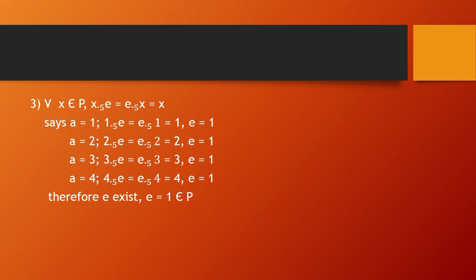Well, if we do A equal to 2, 2 multiplication modulo 5 E equal to E multiplication modulo 5 2 equal to 2, while E equal to 1. So we will try for A equal to 3 and A equal to 4. Then we get E equal to 1. Therefore, E exists. E equal to 1 is an element of P.